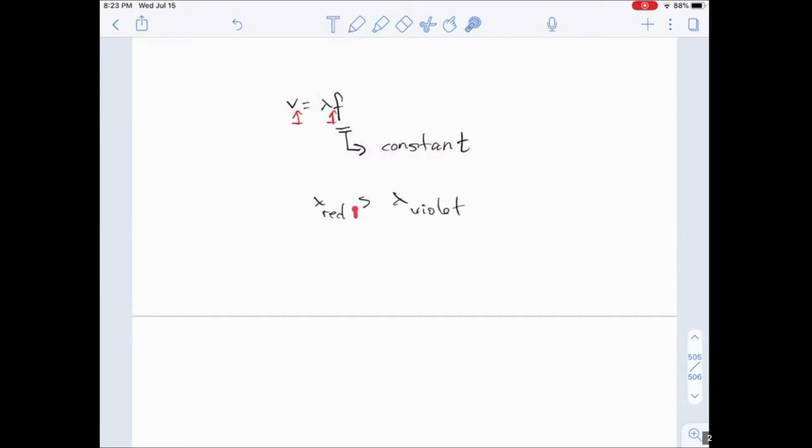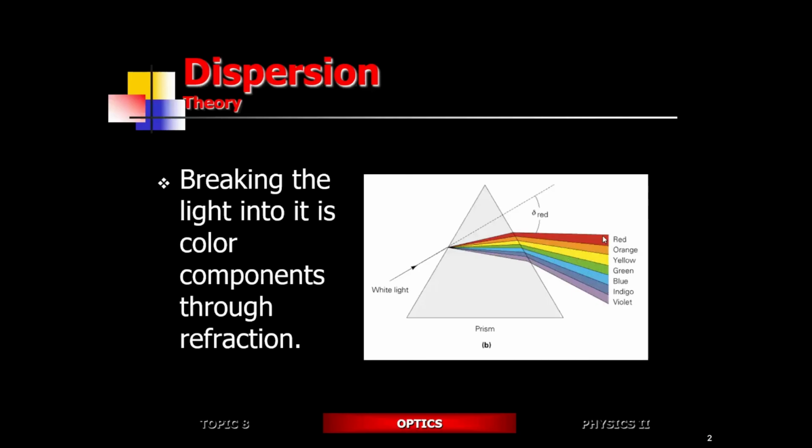As a result, the red is going to travel faster, provided that the frequency at the boundary is constant. The question is, why would the frequency at the boundary be constant? Red is traveling faster than violet because it has a larger wavelength, which implies that the frequency at the boundary must be constant.